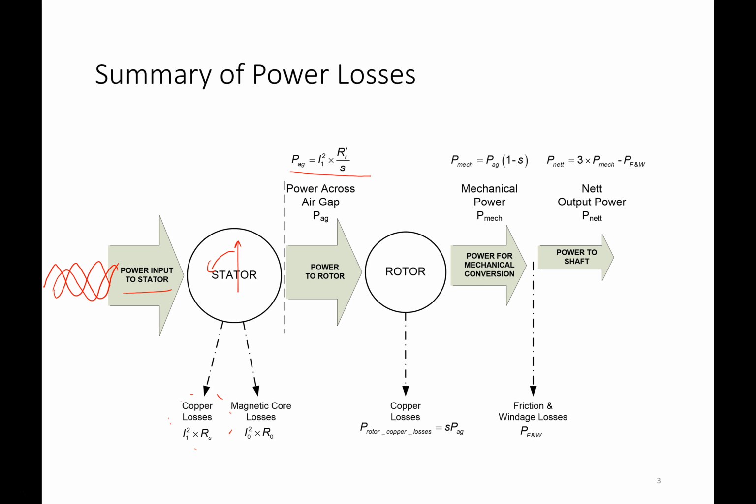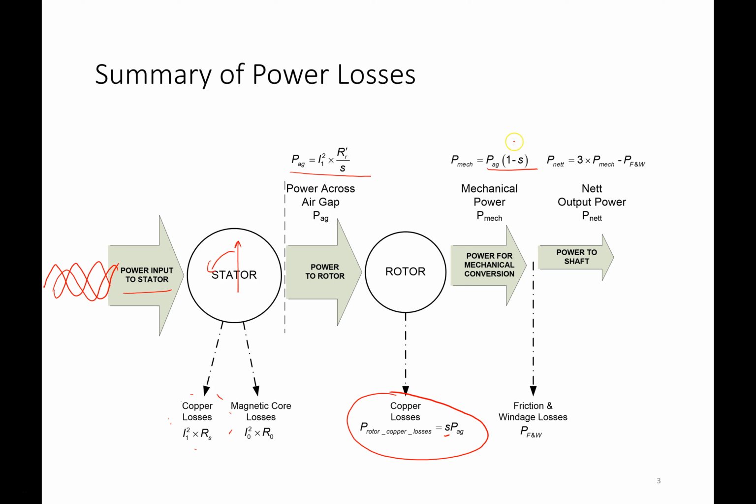And in the rotor, we have some copper losses again, which is the slip multiplied by the air gap power. Remember, slip is very small at full load, so a small portion of it goes to the copper losses, and the remainder of it goes into mechanical power.